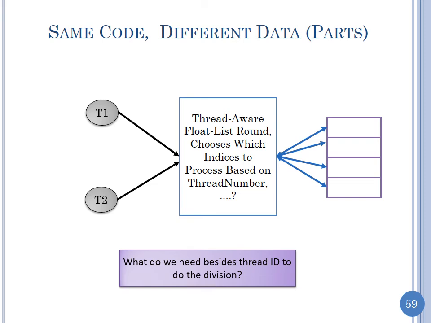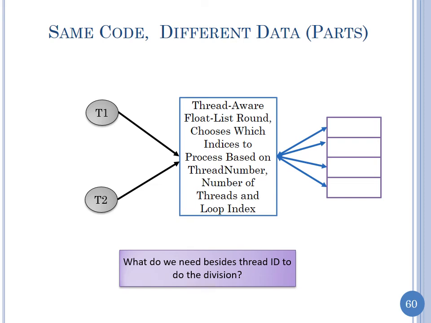What are the parameters that this thread-aware code will use besides the PID to make sure that one thread accesses some elements of the list and the other thread accesses the other elements? We're going to do this based on the thread number, number of threads, and loop index. So that's the partitioning algorithm.